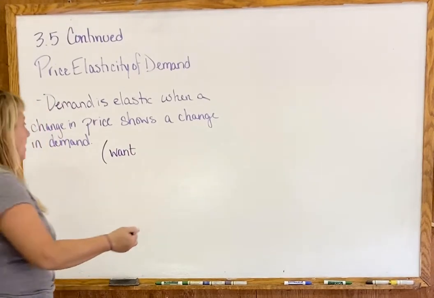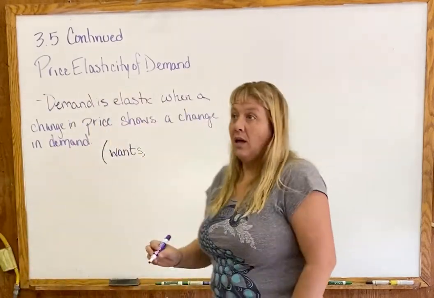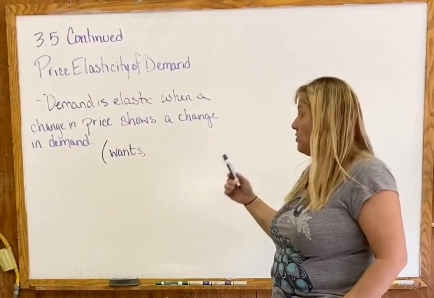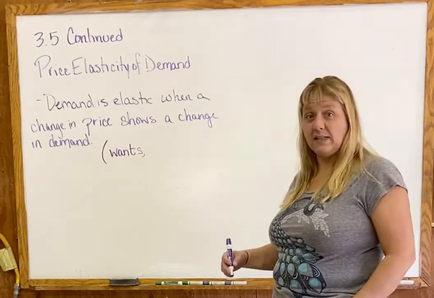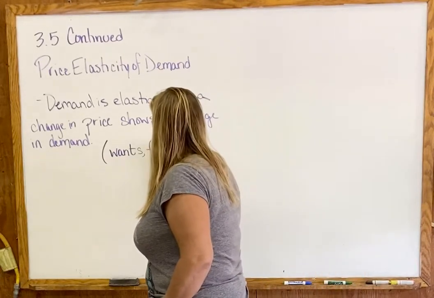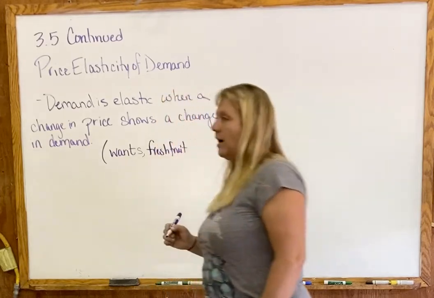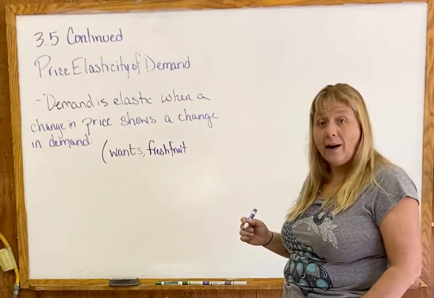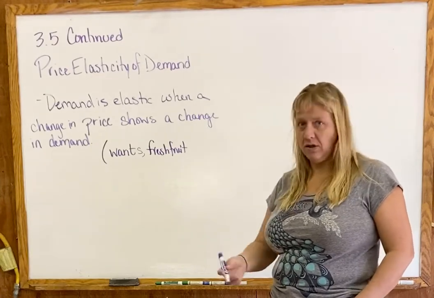Things that we want, like going out to dinner. If the price is cheap, then you go out more, even to fast food. If the price is expensive, you don't go out as much. Fresh fruit and vegetables fall into this category because you don't require them to live, but if they're cheap, ooh, wouldn't it be nice to have some fresh peaches?